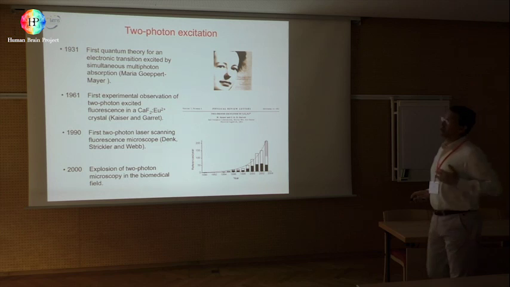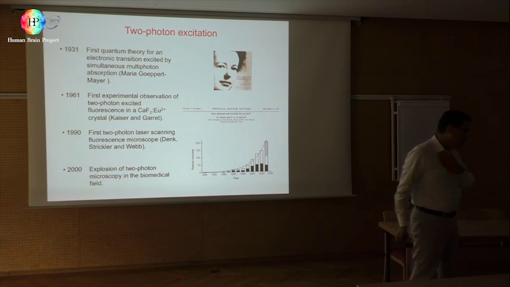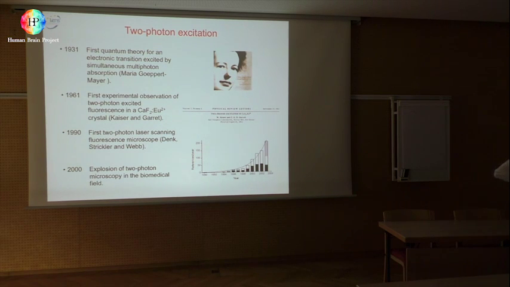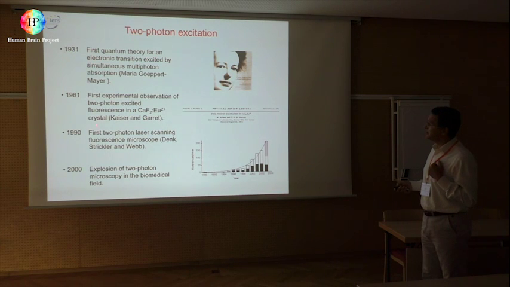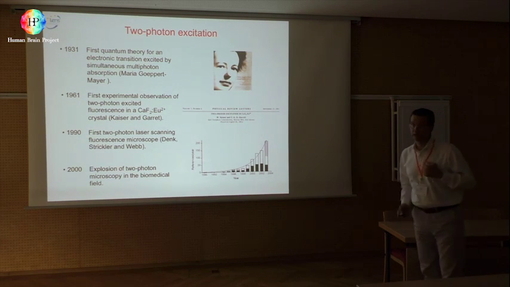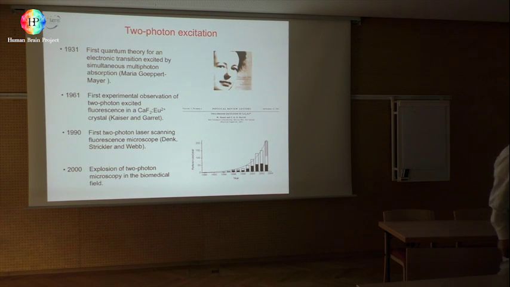Then in 1931, Maria Goeppert-Mayer discovered that it is possible to connect two electronic states in a molecule with two photons. So, a two-photon excitation. But it took about 60 years before this kind of physical phenomenon was exploited at the microscopy level.